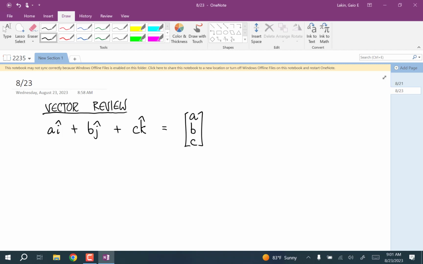So all this means, this notation that might be new to you, is the top element is the x component, the middle one is the y component, and the bottom one is the z component. And if you see just two like that, that means just the x and y components. And you should always think of this as equivalent to A, B, and then just 0 for Z. Okay?